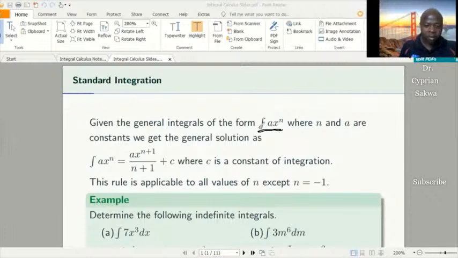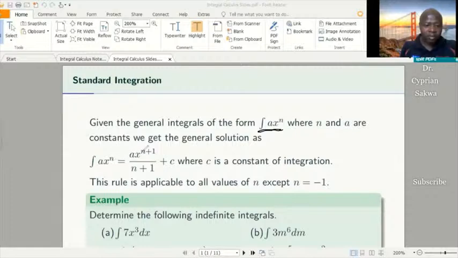So I'll begin with what we already know: if you are given an integral of this form, where n and a are constants, and you are asked to integrate it, generally this is how we give the solution.